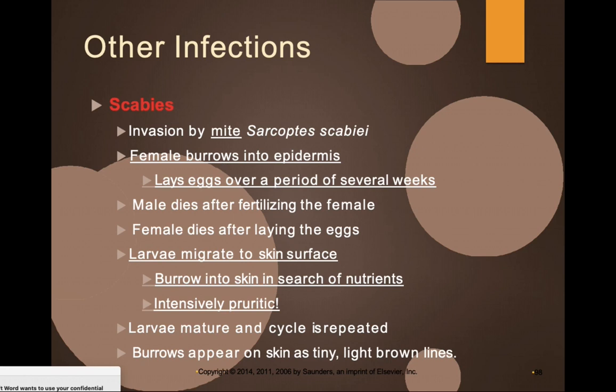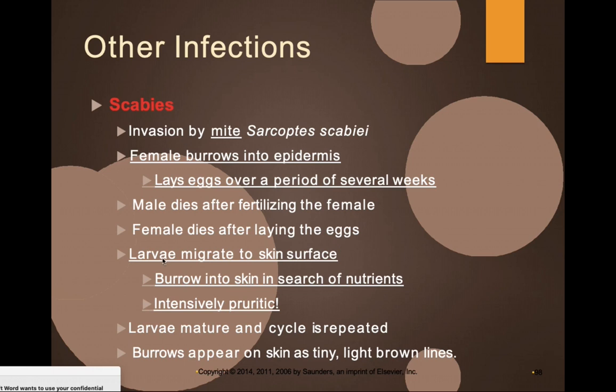Okay, some other infections. There's one called scabies, which is an invasion by mites, right? The female burrows into the upper layer, right, into the epidermis, and then lays eggs over a period of several weeks. And then the male dies after fertilizing the female. The female dies after laying the eggs.